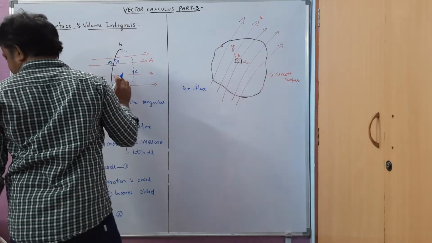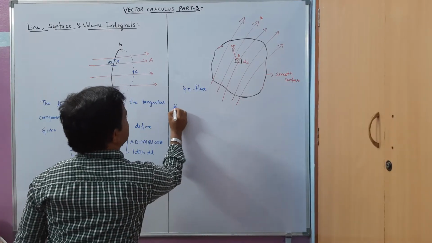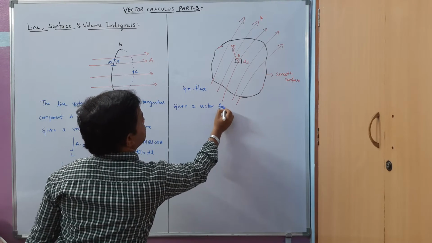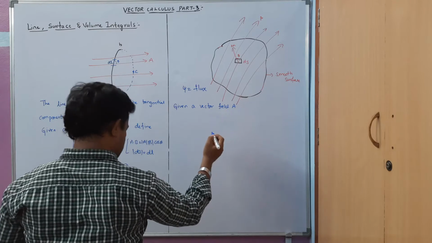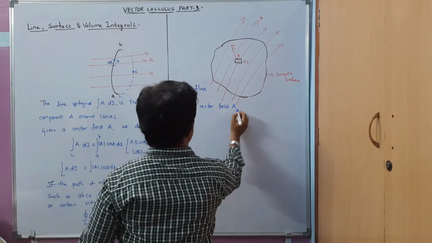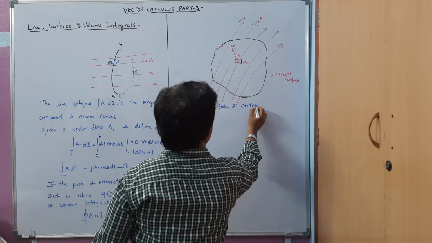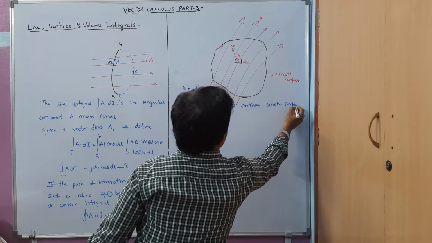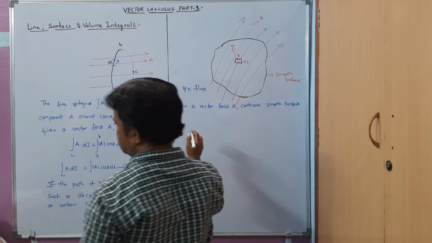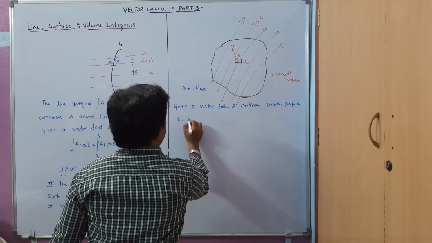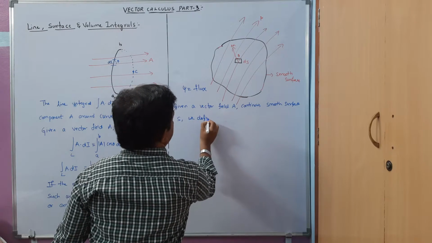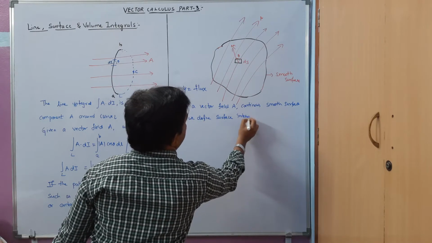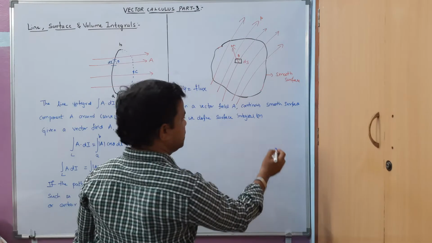Here I will write the definition. Given a vector field A around a continuous smooth surface, we define the surface integral, or also we can say flux here.